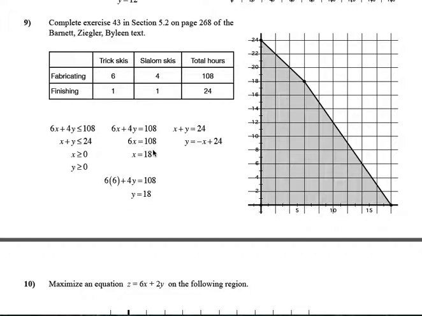We divide both sides by 6, and that gives us x equals 18 for an x-intercept for that equation. And so we would plot that point here. That's our x-intercept. And then to sketch the line, we would then need either the y-intercept or perhaps another point on the line.